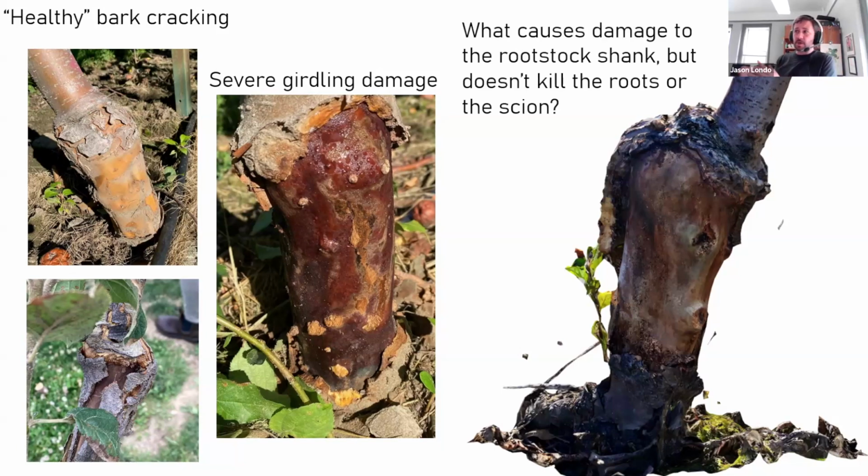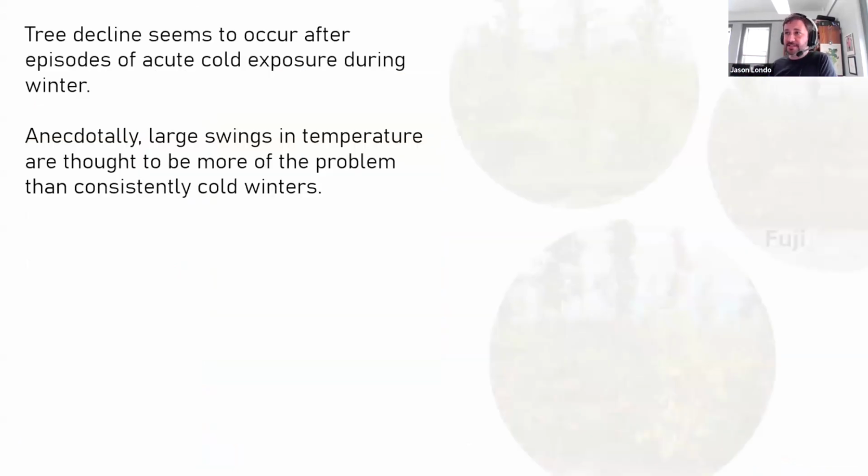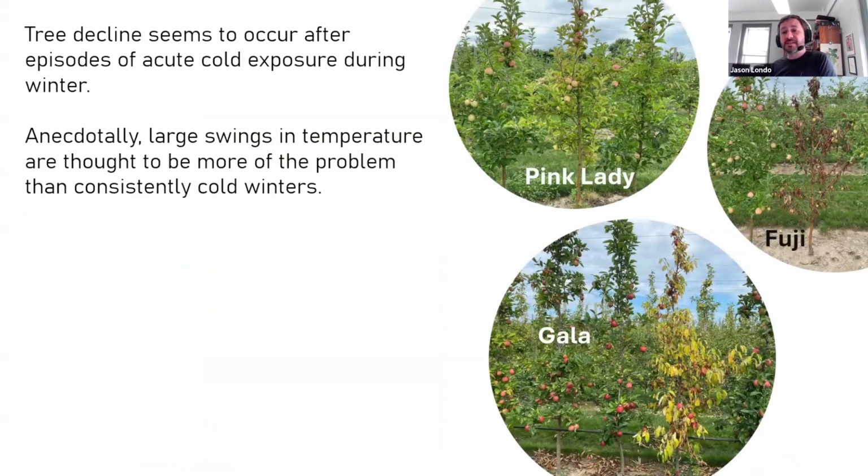And so this leads us to the question, what could cause damage specifically to the rootstock shank? It doesn't kill the roots and it doesn't kill the scion. That's where the cold hardiness aspect of this comes in. We see that there's a correlation between episodes of tree decline and winter exposure. Specifically, I've been told that large swings in temperature are thought to be a bigger problem than consistently cold winters.